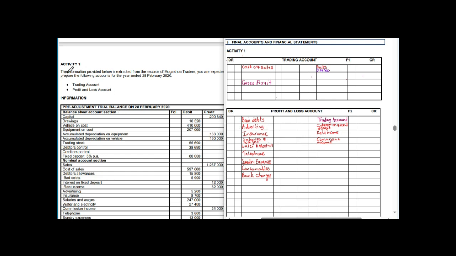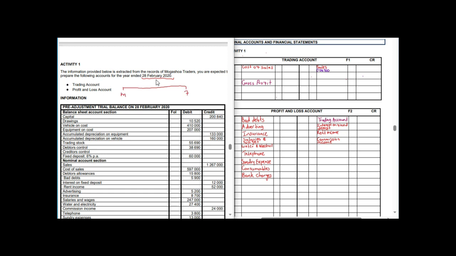Activity 1. The information provided is extracted from the records of Mokoshua Traders. You are expected to prepare the following accounts for the financial year ended 28 February 2020. As we know, we will always show our timeline.